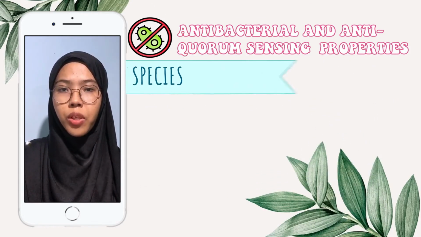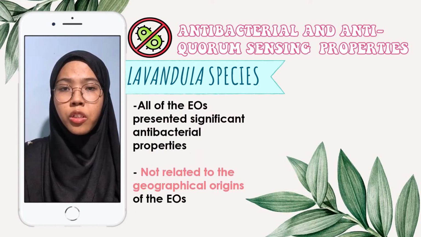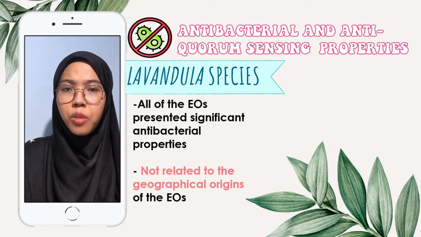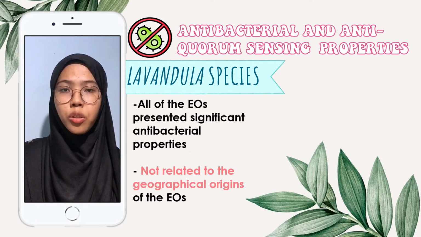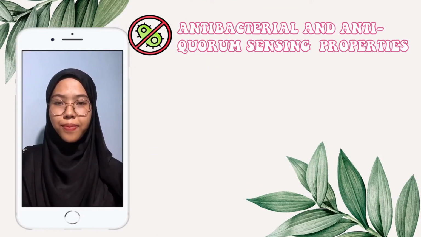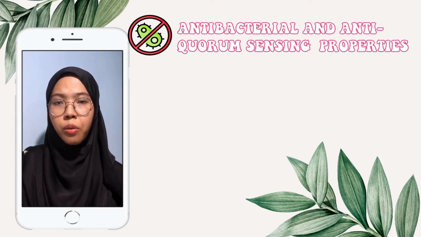However, for the lavandula species, all of the essential oils presented significant antibacterial properties. In addition, no relation was found between the antibacterial properties and the geographical origins of the essential oils of this species.